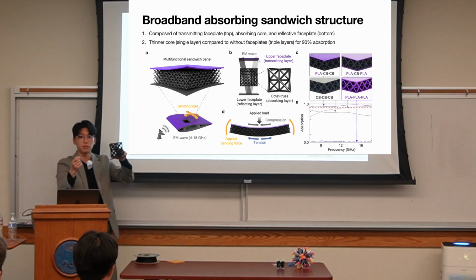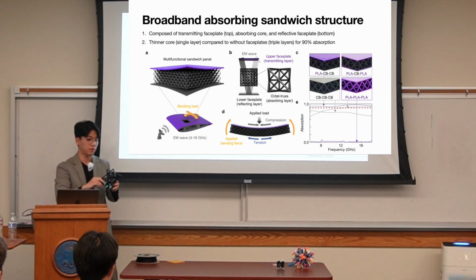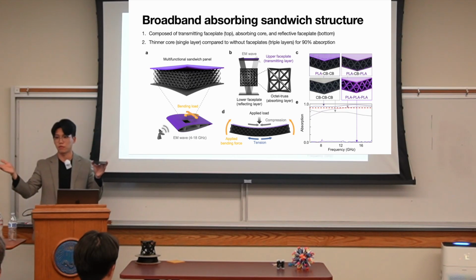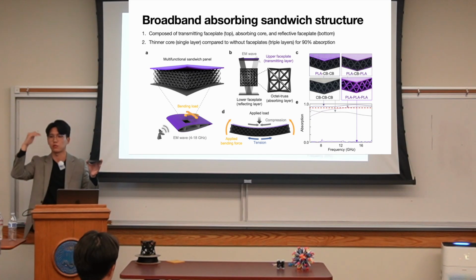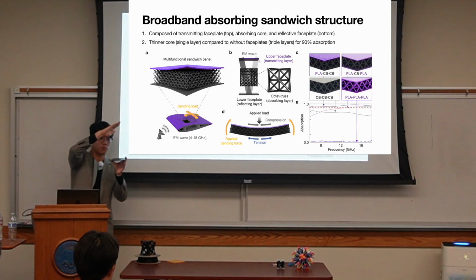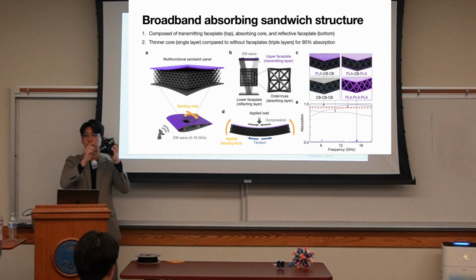But the problem is that since this is a single layer, there might be some residual electromagnetic wave that hasn't been absorbed. And with a faceplate that's made out of carbon black, if you remember the first graph that I showed, it actually reflects over 50%. So what happens in the bottom layer is that more than 50% reflects back to the original point, which goes back again to the absorbing layer.